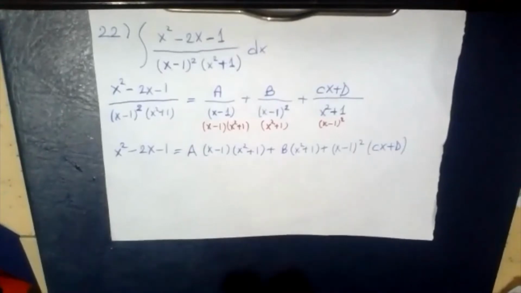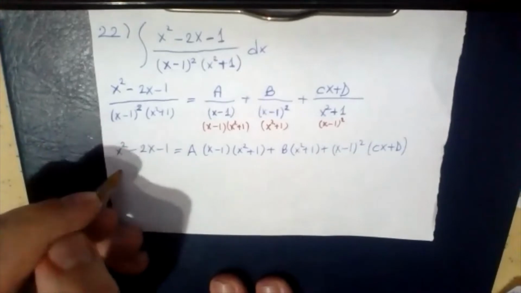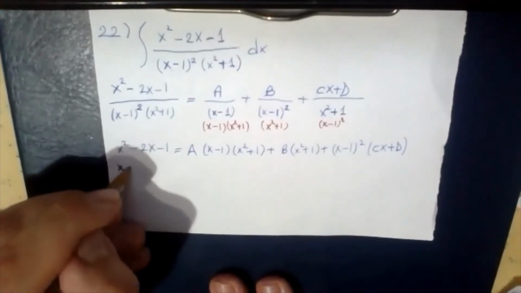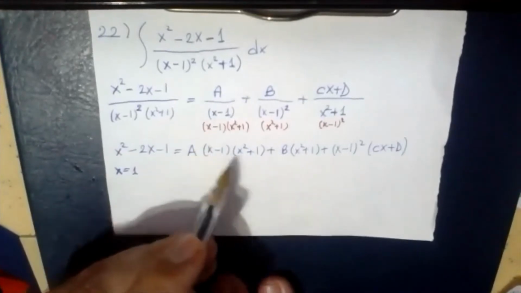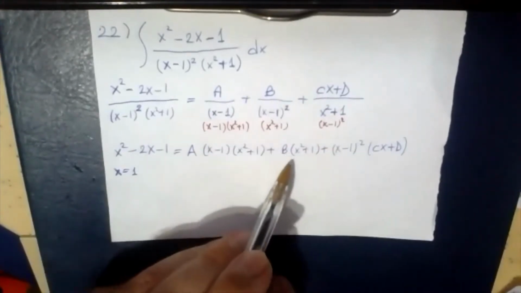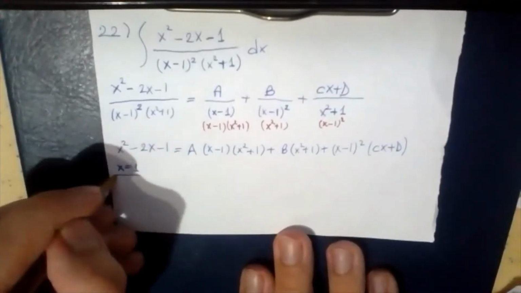This is our general equation, and this is true for each value of x. Like the previous question, to vanish some terms, it will be wise to replace x with 1, so that the (x minus 1)s will vanish. Only information about b will remain.